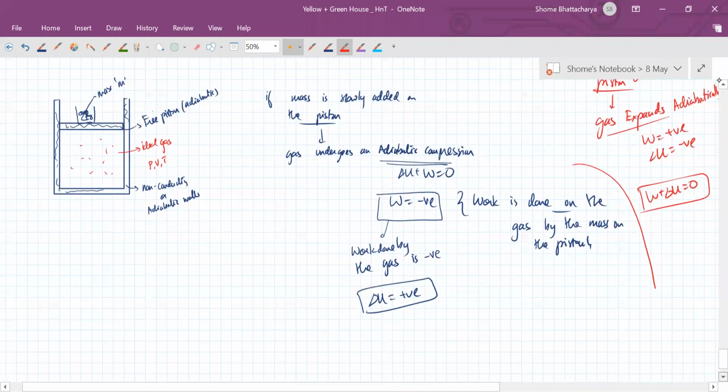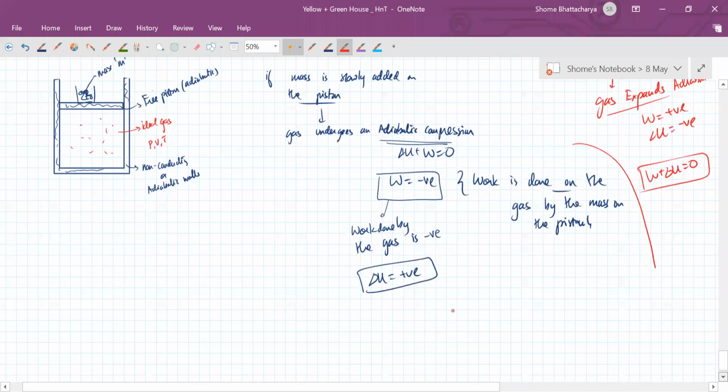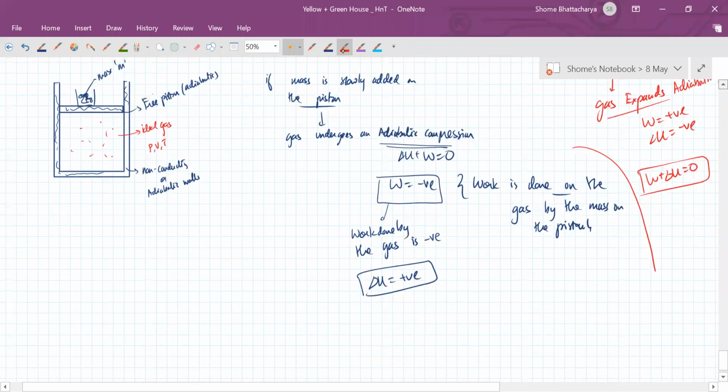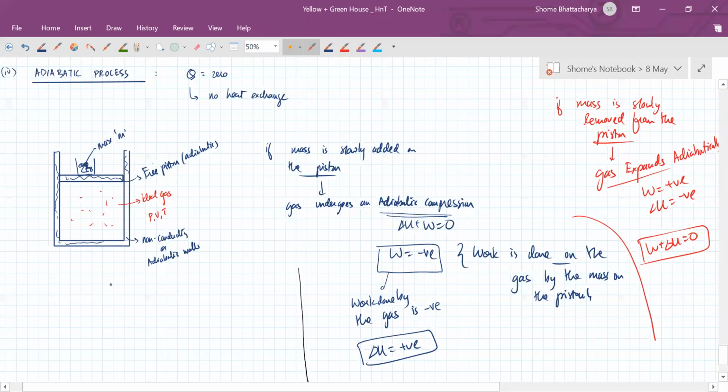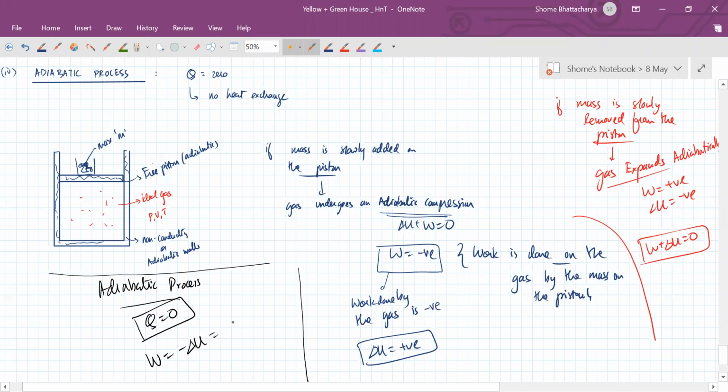So formula wise, you can see things are very easy for the adiabatic process. For any adiabatic process, whether it is an expansion or a compression, Q is equal to 0 and W is equal to minus delta U. So it is minus of nf by 2 R into delta T, because obviously delta U has the universal formula, which is a state function.